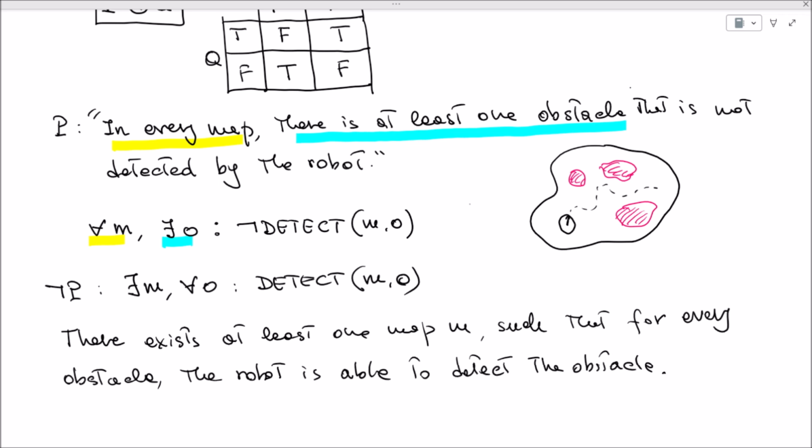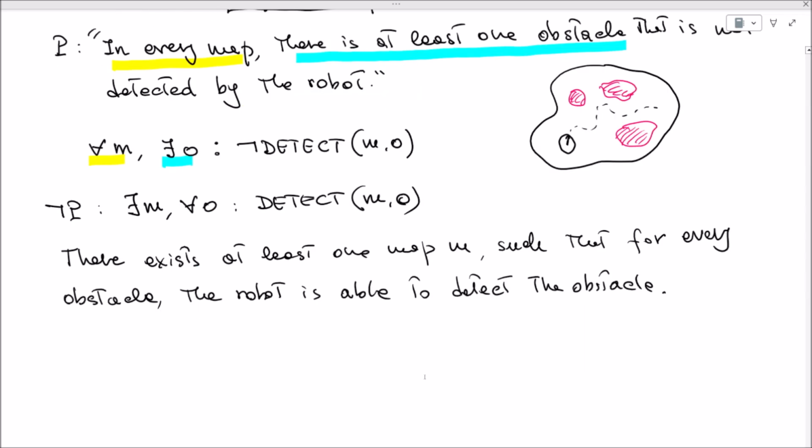Okay, so this is one way of translating the not P proposition into common language. There exists at least one map such that for every obstacle in the map, the robot is able to detect every obstacle, or in other terms, we can say that there exists at least one map where the robot is able to detect every possible obstacle in that map.